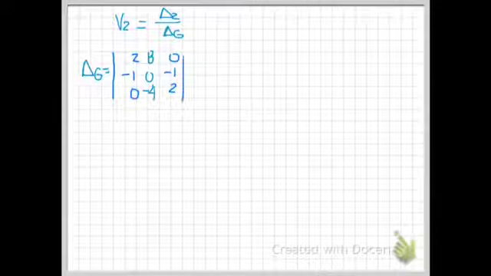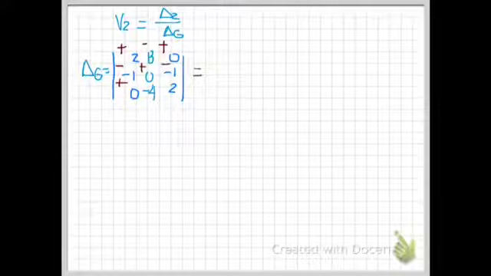So let's go ahead and do that. Before doing that, one of the things we need to do is put the signs in front of the numbers. And so plus, minus, plus, plus, minus, plus, minus, plus, minus, plus, minus, plus.